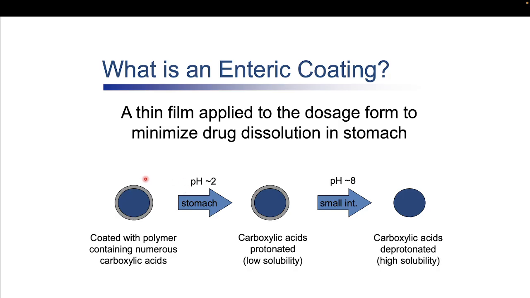So we just discussed this, right? Enteric coatings are made of polymers which have a lot of carboxylic acid. So once you deliver it orally, it will go to stomach, which has a very low pH of somewhere around 2. At this pH, all your carboxylic acids will be protonated. They will be COOH form, and hence they'll have low solubility. Once these particles go to small intestine, which will have a pH of around 8, all your carboxylic acids will be deprotonated, and this will allow it to be soluble in the water, and that's how the drug gets released in the intestine.